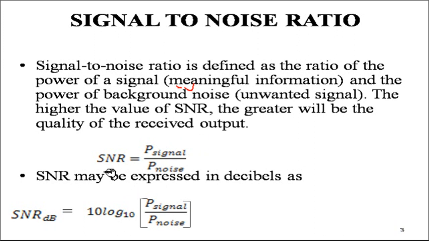This is the formula for signal to noise ratio: SNR is equal to signal power, P stands for power, upon noise power. SNR may also be expressed in decibels. SNR in decibels is equal to 10 log10 of signal power upon noise power. So this is the basic definition of signal to noise ratio.